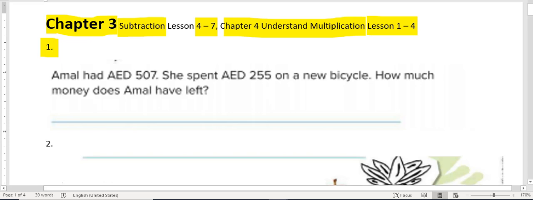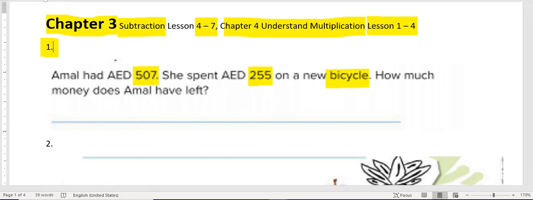Hammer had 507. She spent 255 on a new bicycle. How much money does Hammer have left? So how do you solve this type of question?